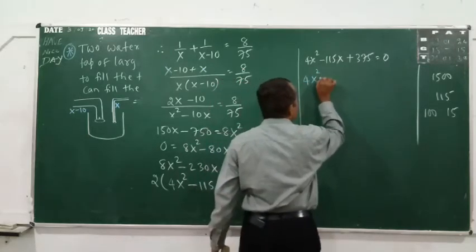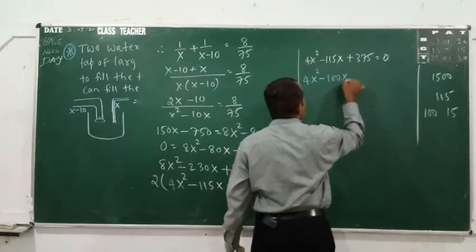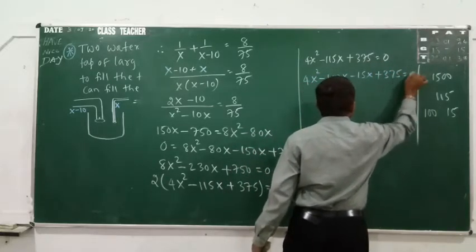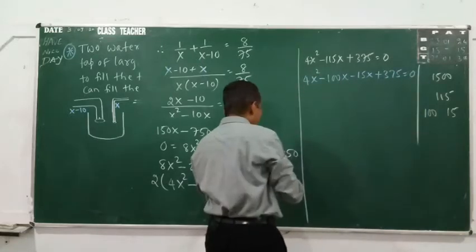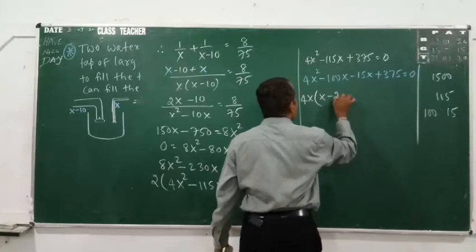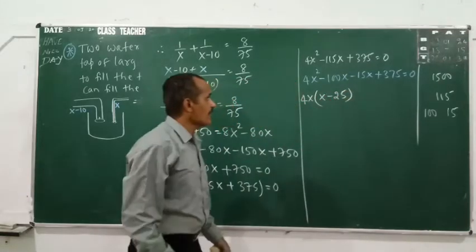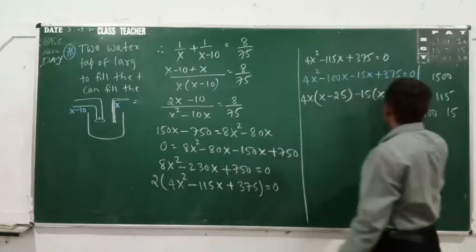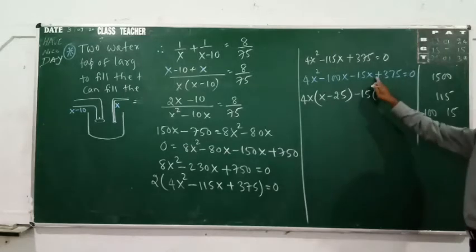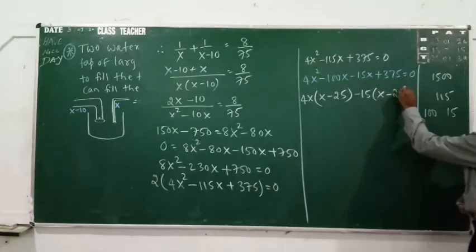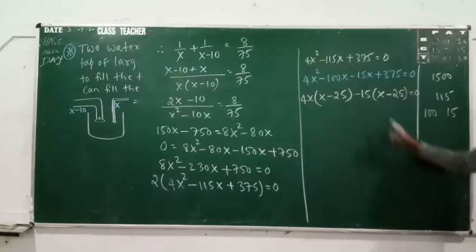4x square minus 100x minus 15x plus 375 is equal to 0. I can take 4x as common, into bracket x minus 25, and I can take here minus 15 as common, into bracket x minus 25. Minus into minus is plus, and 15 25s are 375.